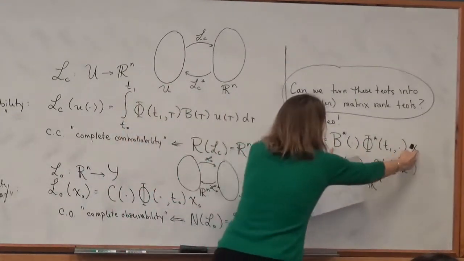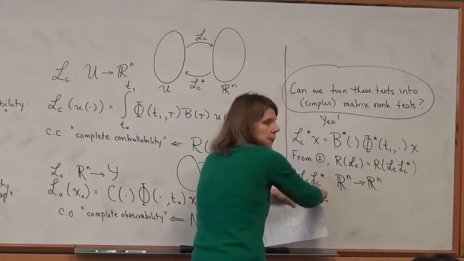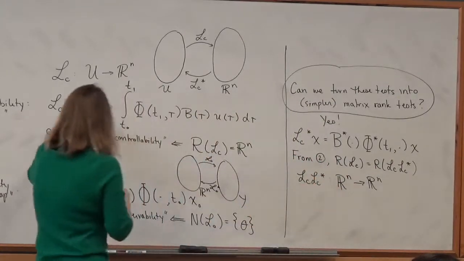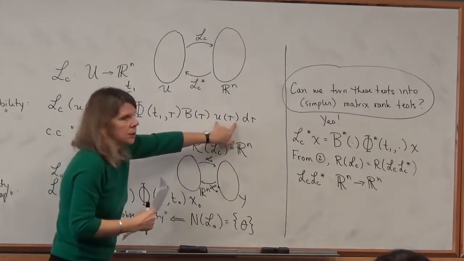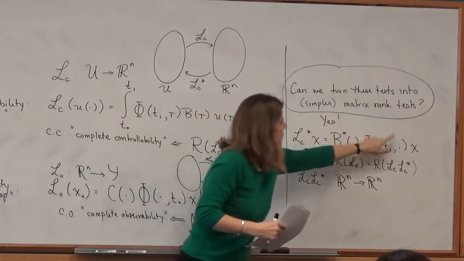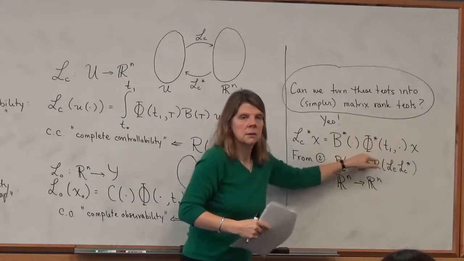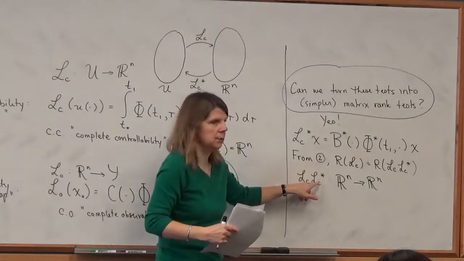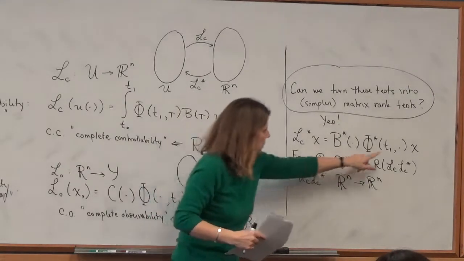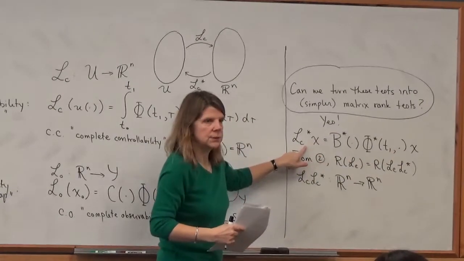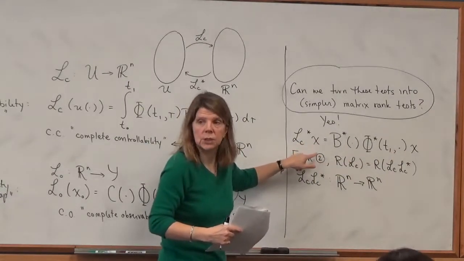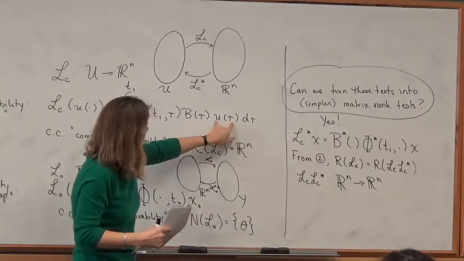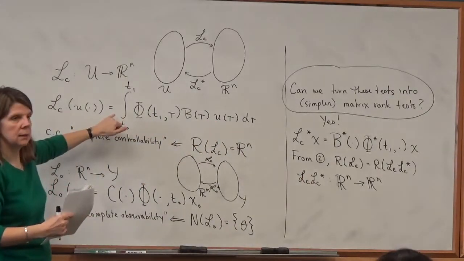But then I take that function, and now I apply LC to it. Here's LC. Where I see the U here, I'm going to put in this function. You first map through LC star, take the result, which is a function, plug it in here, and map through LC.